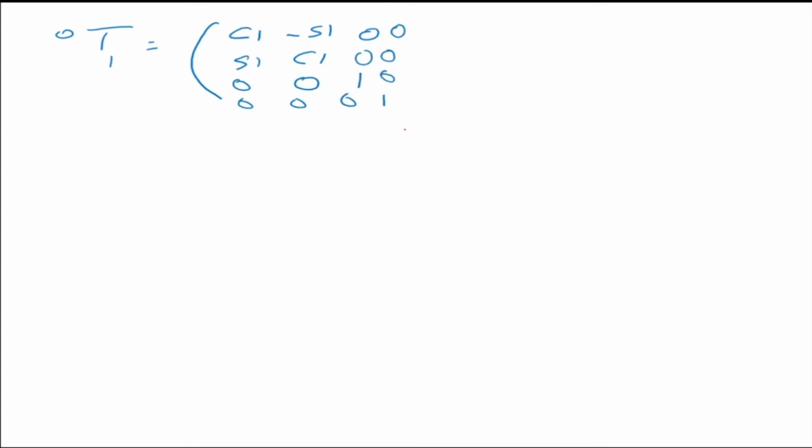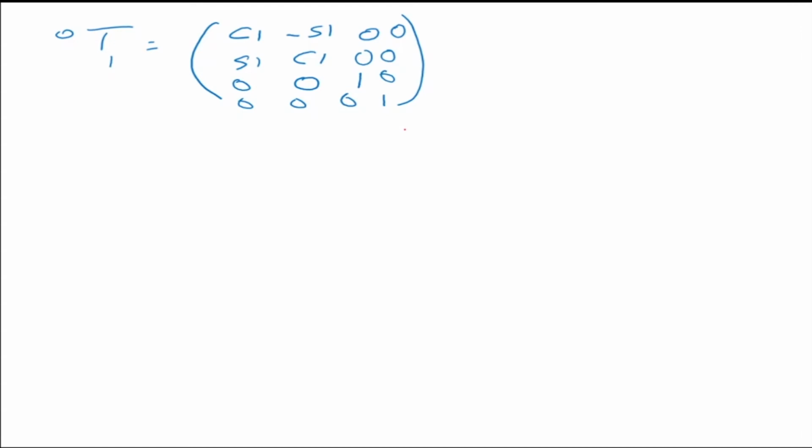So let us do that. T0 to 1 is equal to, the first one is always the same: cos 1, minus sin 1, cos 1, 0, 0, 1, 0, 0, 0, 0, 0, 0, 0, 1. It's interesting that in most revolute joint robots, the first transformation matrix is the same.